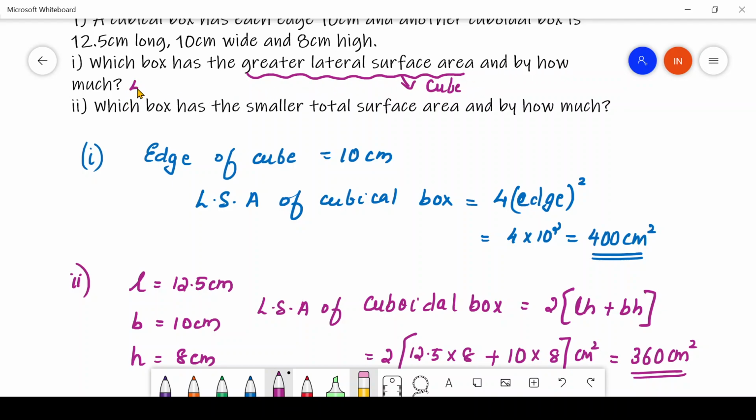That is by 400 minus 360, so 40 centimeter square. Is it clear? Now we are moving towards the second part of the question. Which box has the smaller total surface area and by how much? We have to find the total surface area of both the cubical as well as the cuboidal box.